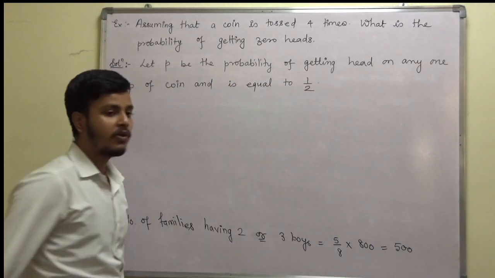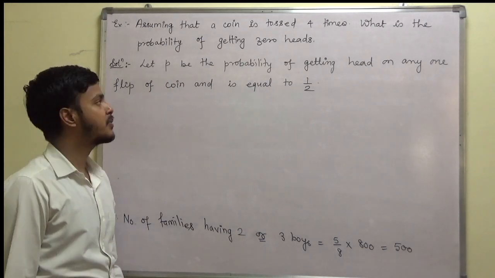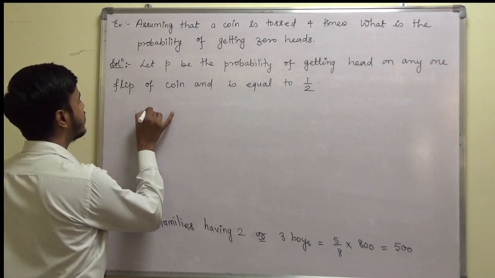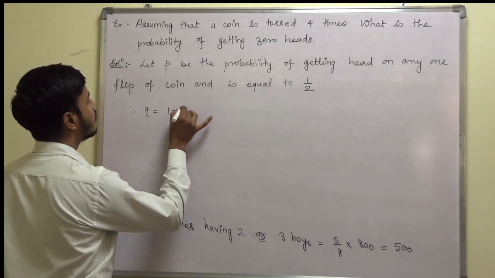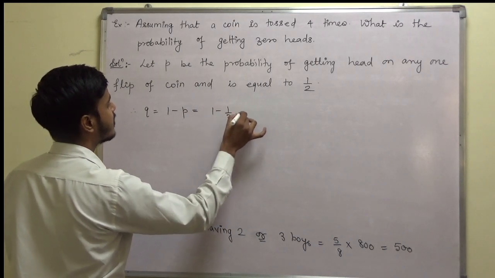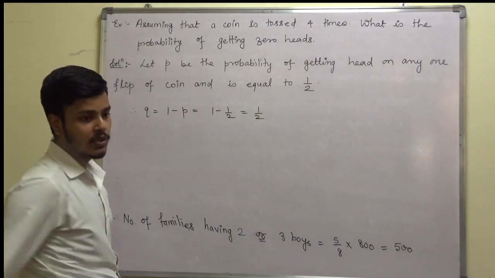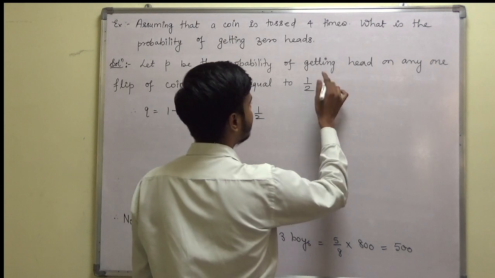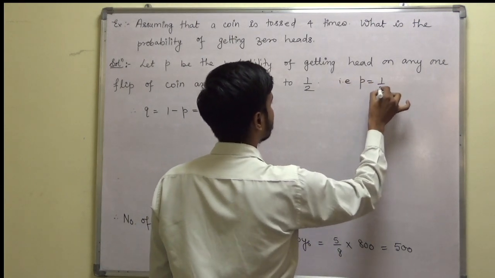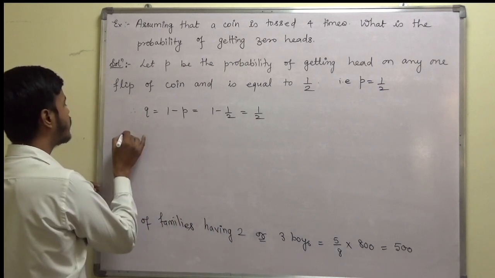So the probability of head is 1/2, so obviously the probability of tail would also be 1/2. Therefore q is equal to 1 minus p is equal to 1 minus 1/2, that's 1/2. So we have p is equal to 1/2, q is equal to 1/2.